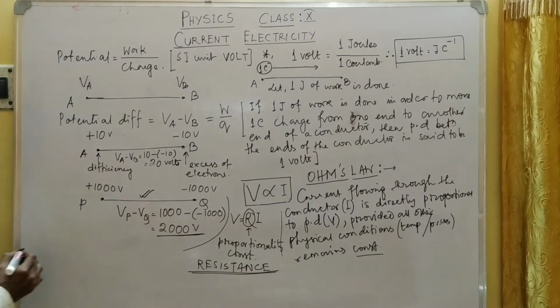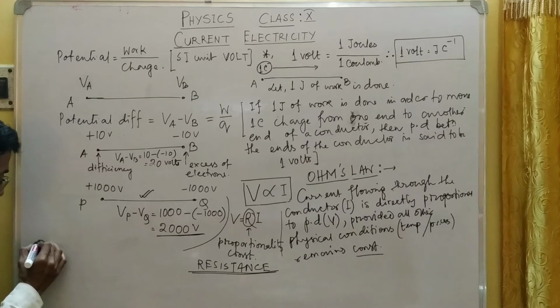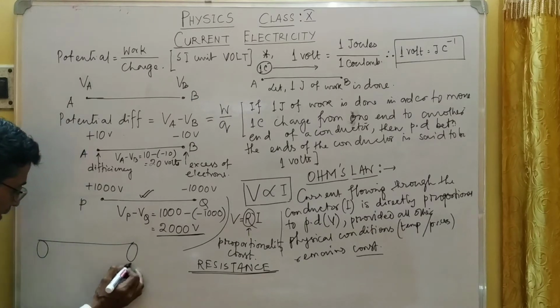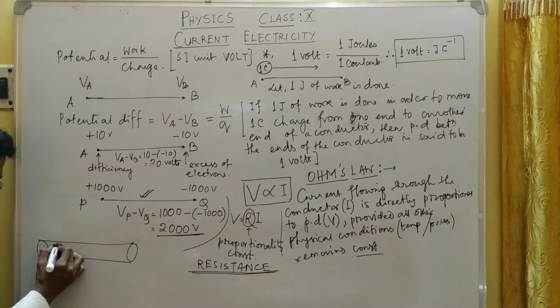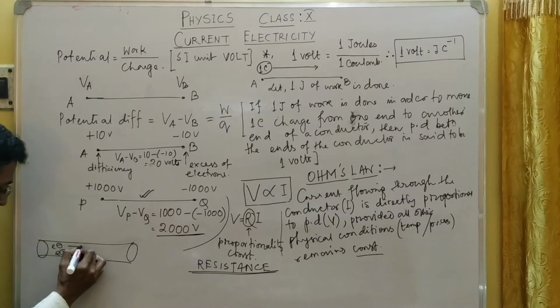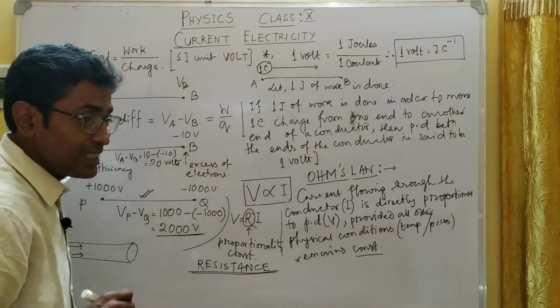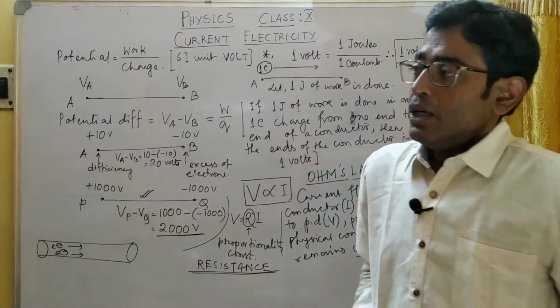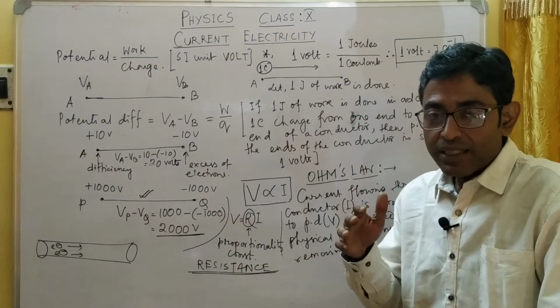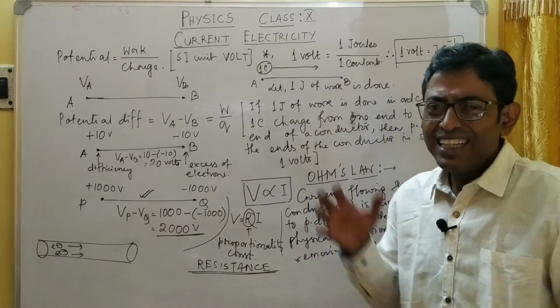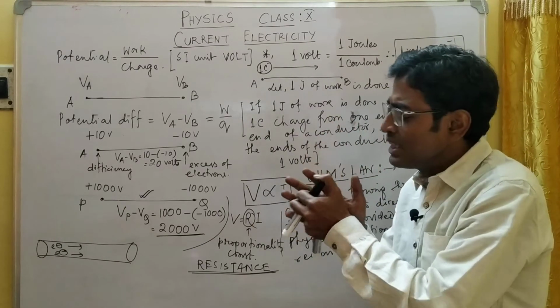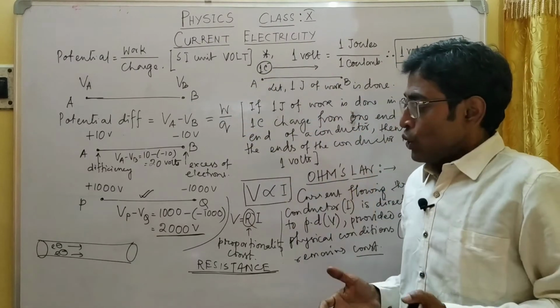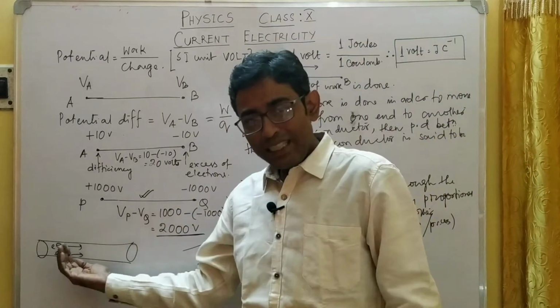So let us consider this is a current carrying conductor. Okay, electrons are flowing through it. As I have told you, when electrons flow through a conductor, they collide with each other. They make collisions with each other. That's why they deviate in all directions. So there is not a free flow.